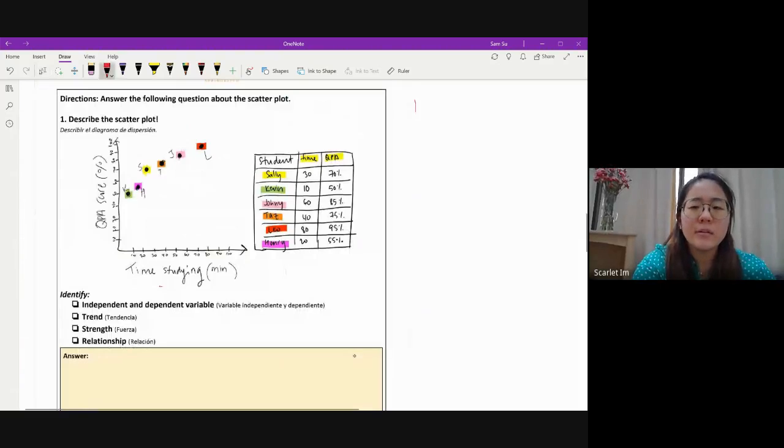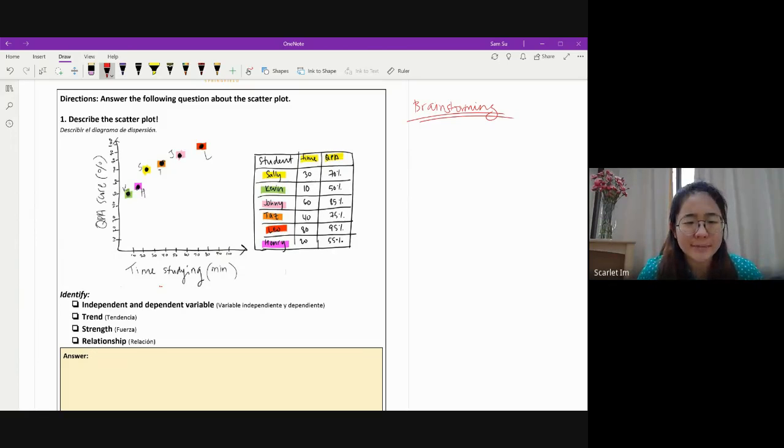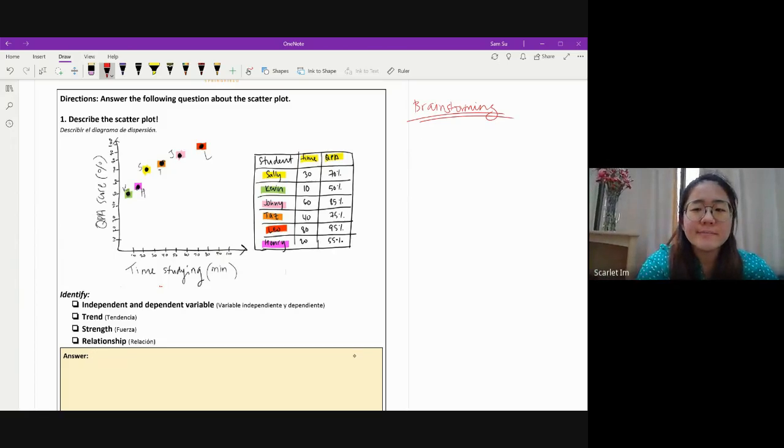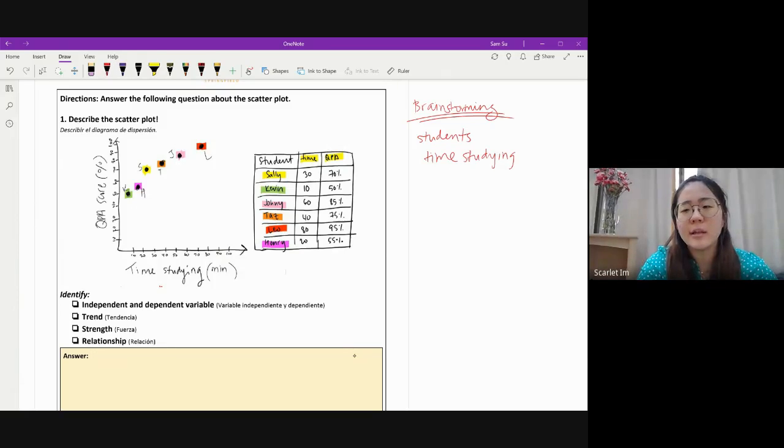Right. So I'm in my brainstorming stage. Just from off the get-go, what do I see? I see that there are students. We're talking about time, studying, and our QPA score, which is the name for our test, QPA percentage.